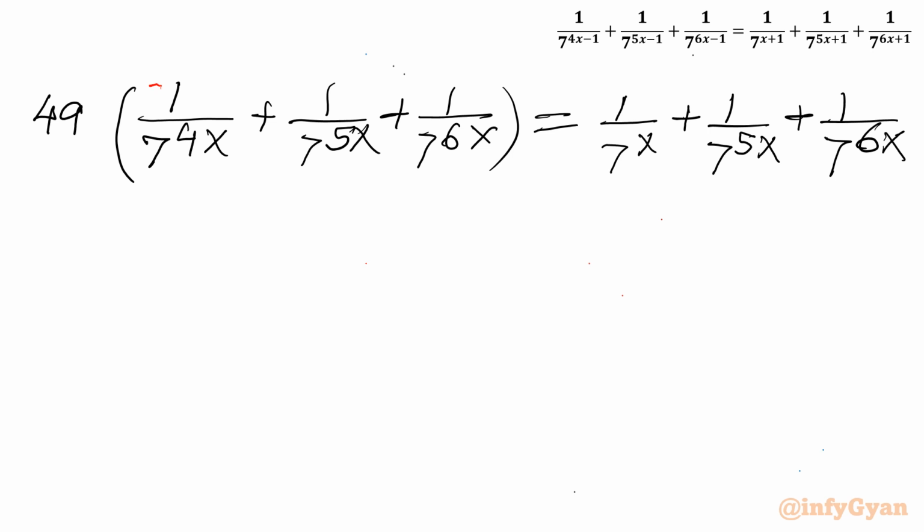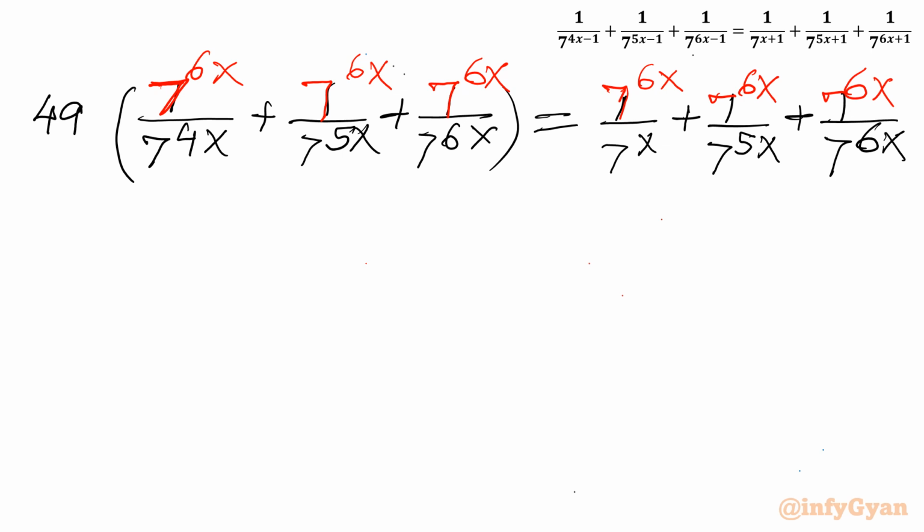So let's multiply directly: I will write 7^(6x) here, here and here, and in the same way on the RHS also, 7^(6x) here, here and here.